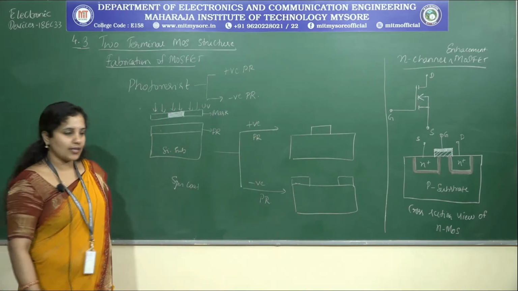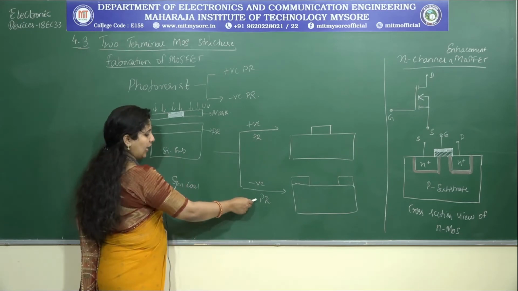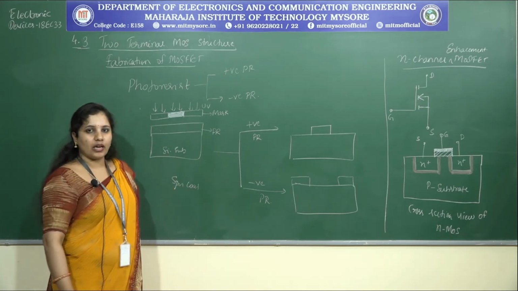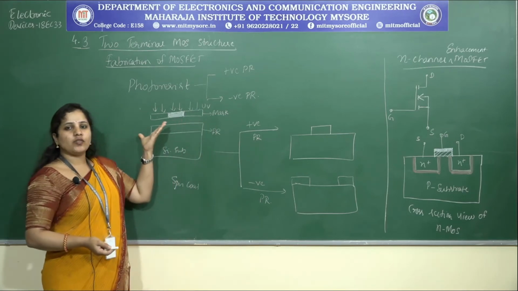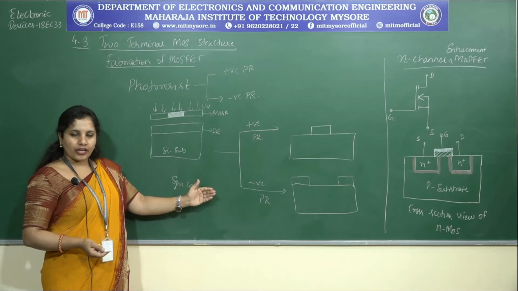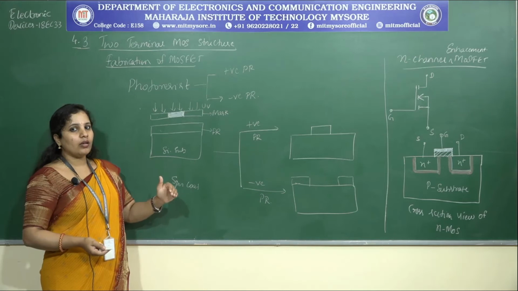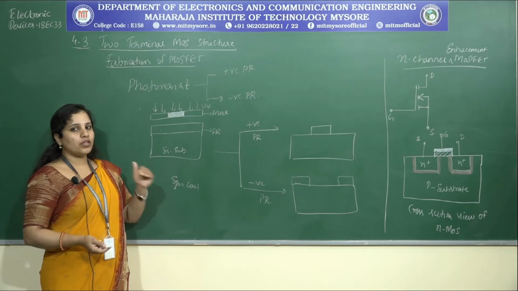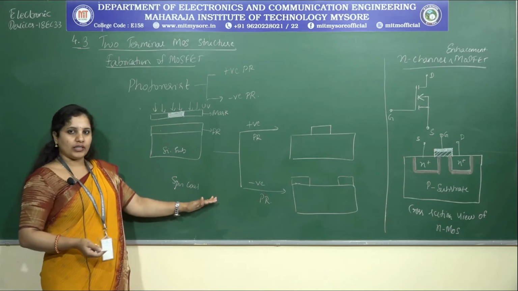And this is the difference between the positive and the negative photoresist. Always remember, in the positive photoresist, the areas exposed to light become soluble, and in the case of negative photoresist, the areas not exposed to light become soluble. And this is regarding the basics that you have to understand.